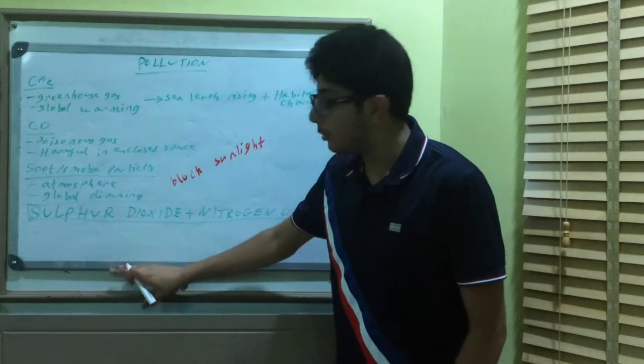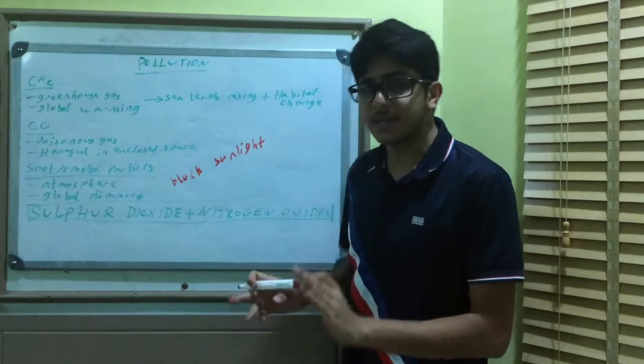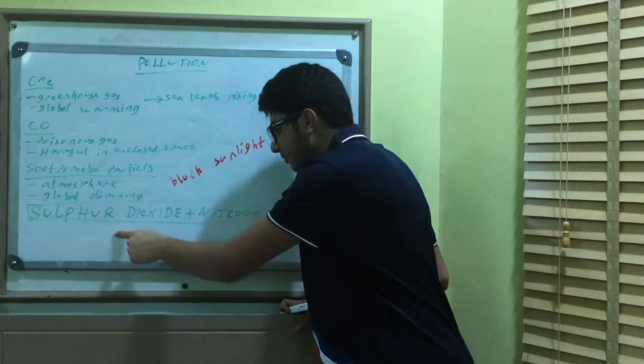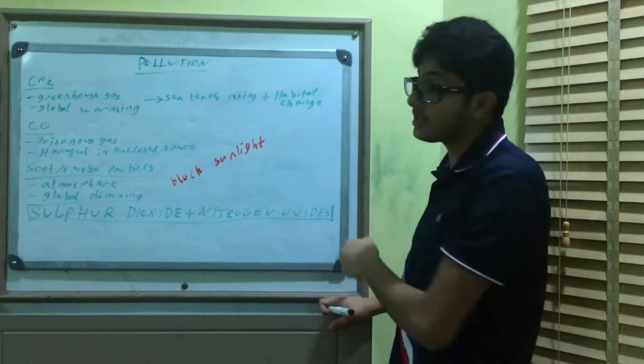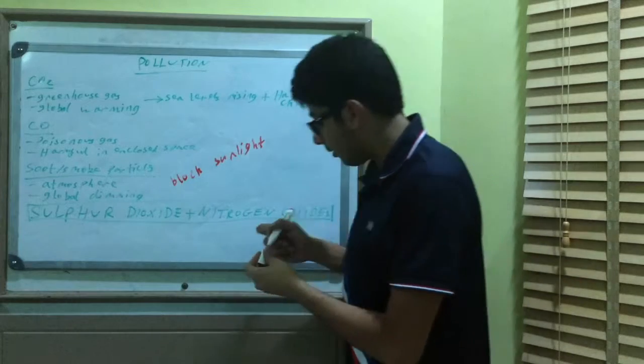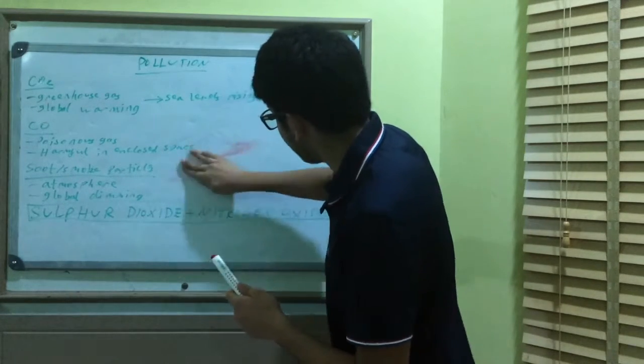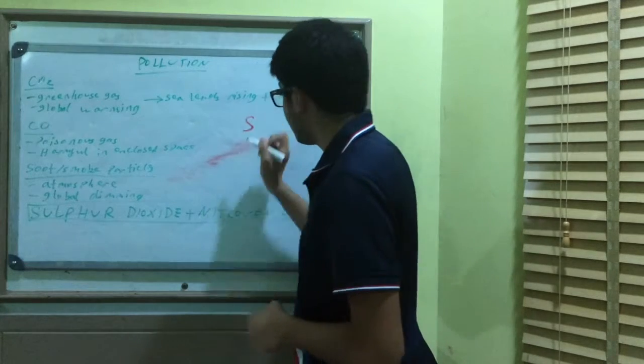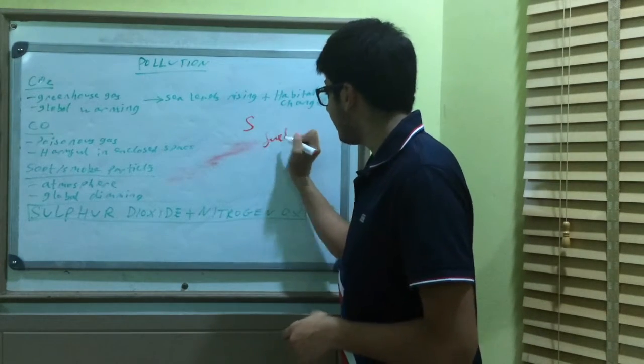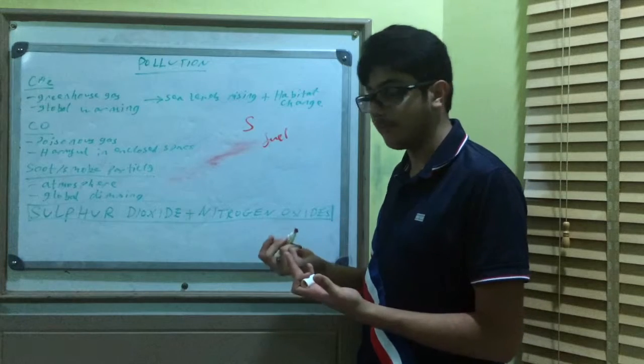Now, the main pollutants that the exam board loves to ask you about are sulfur dioxide and nitrogen oxides. First of all, where do you get them from? The sulfur comes from the fuel itself as an impurity.